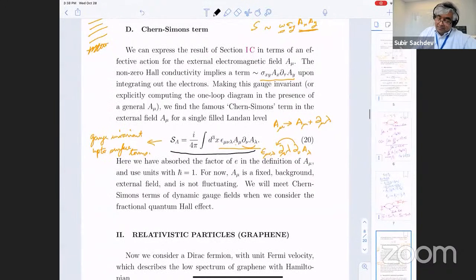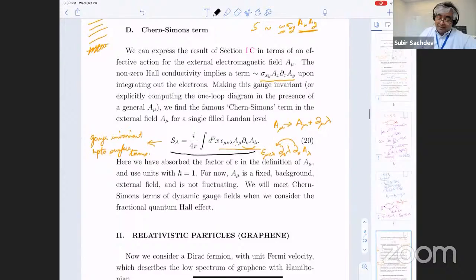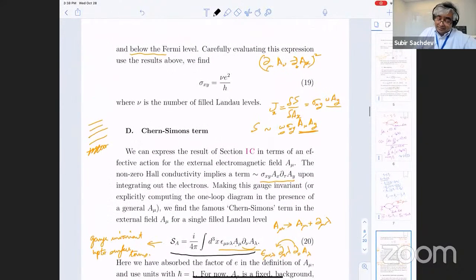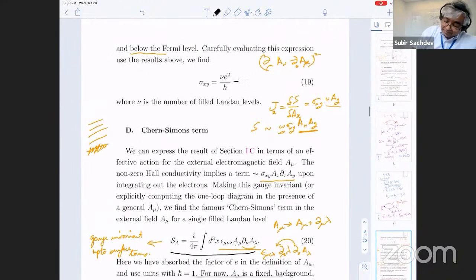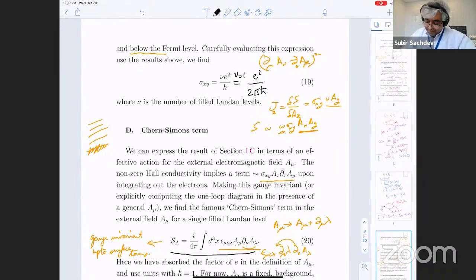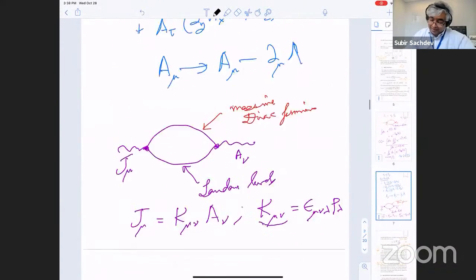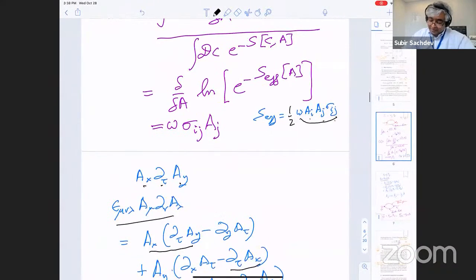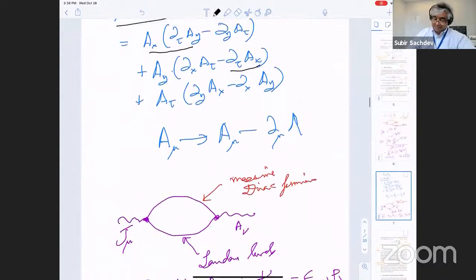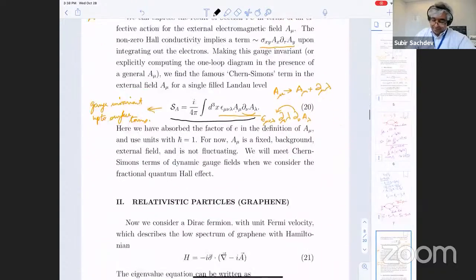And how did I get the 1/4 pi? Well, that simply comes from writing this for one Landau level for nu equals 1 as e squared over 2 pi h bar. The h bars we never keep track of. So this 2 pi gives me this 2 pi, and the other 1/2 comes from this 1/2 here. Okay, so that's where the 1/4 pi comes in.